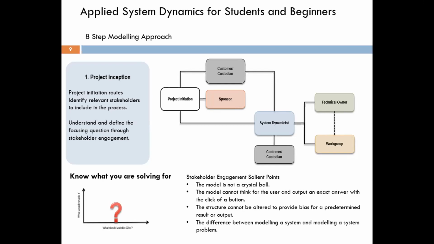The other thing is that the structure is developed in a mathematically sound way, but it will not and should not provide a bias for a predetermined result or output. Sometimes you'll have somebody come to you and say, can you build a model for me? And this is what I want to show and prove at the end of the day.